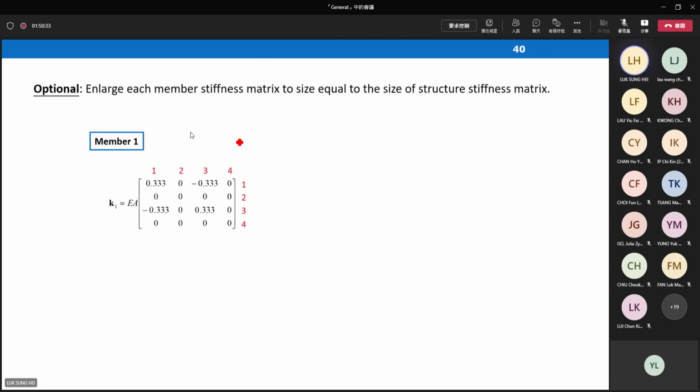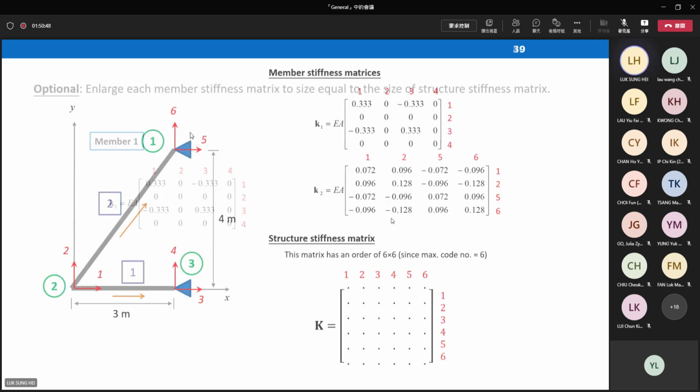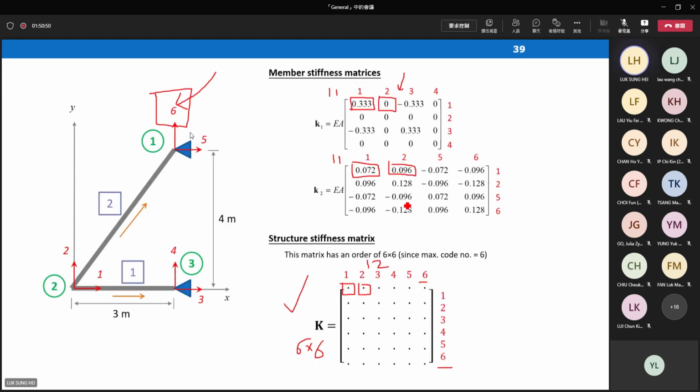The textbook tells us that we can enlarge the element stiffness matrix a little bit to make our calculations slightly easier. How? I put optional because this one is actually not compulsory. Just like what I did here, you can directly map if you are good at this mapping.